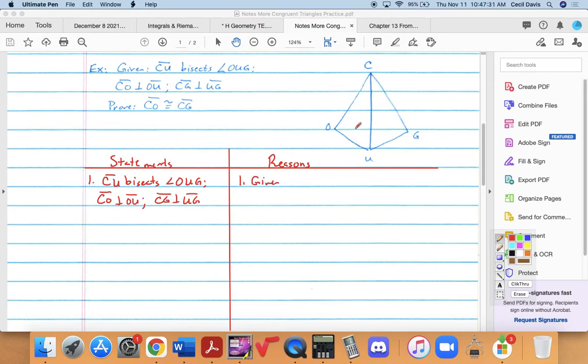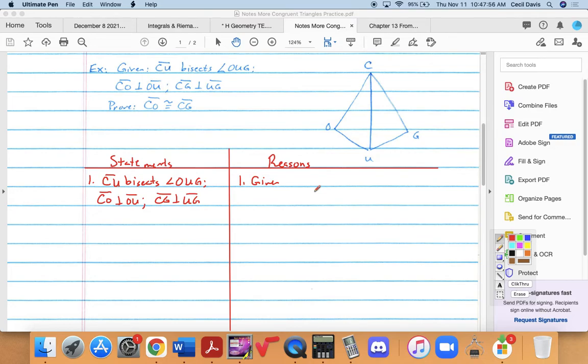Mr. Davis, I have a question. When it says that CU bisects angle OUG, and since OUG isn't a straight line, a straight angle, what does that mean? It means it cuts that angle into two smaller angles that are congruent to each other.